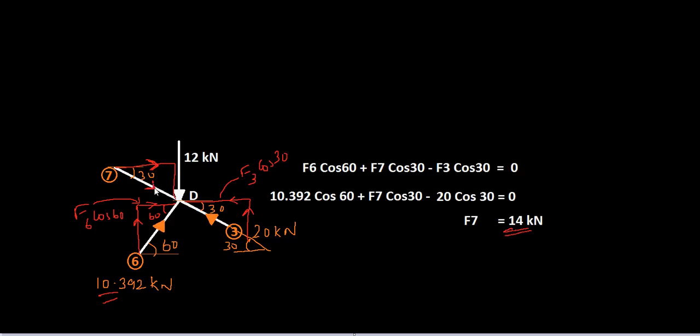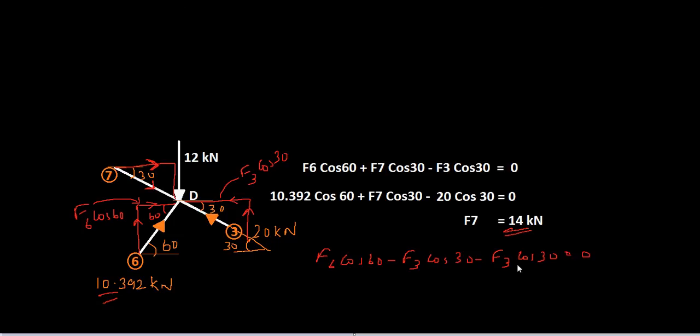Suppose we have taken F7 in this direction here. If you have assumed this direction, then your equation will be F6 cos 60, that is in the positive x direction, minus F3 cos 30, and if you assume the direction of F7 away from the joint, then this will be in the negative x direction, so you will get minus F7 cos 30 equal to 0.